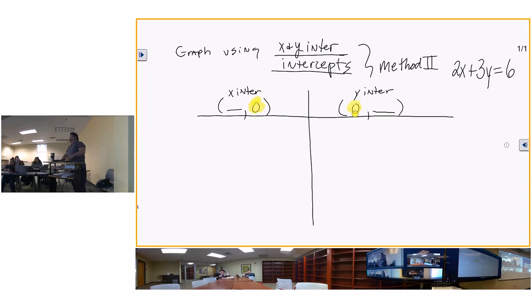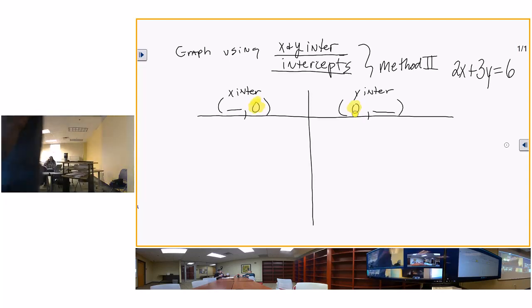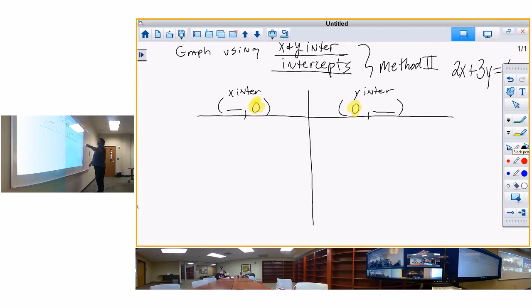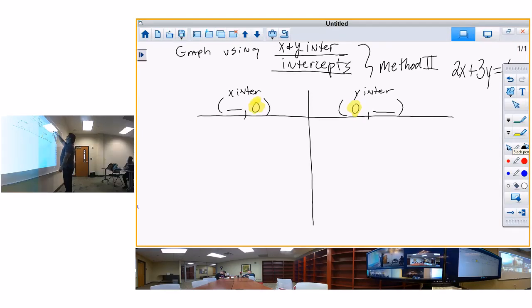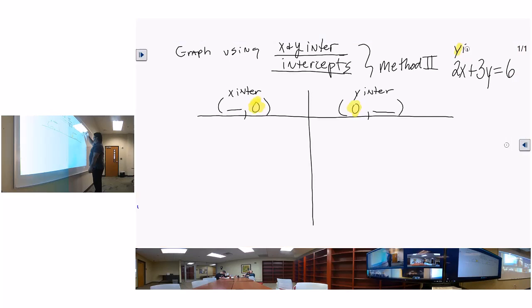So they do 90% of the math right, but they get 100% of the problem wrong because they plotted on the wrong axis. So why do I put the word on there? So you won't screw it up. So, when do you use it? You use it whenever x or y is not by itself.